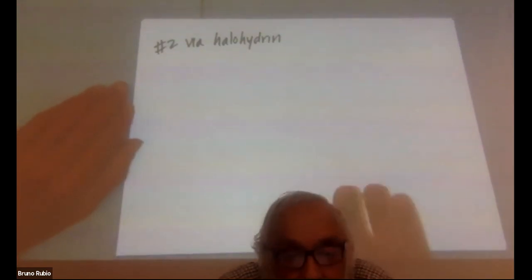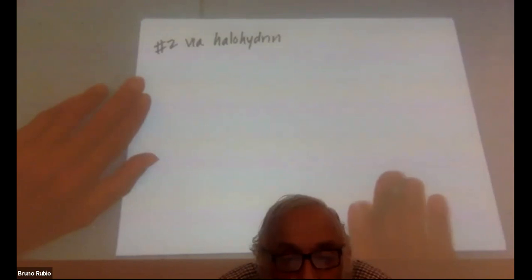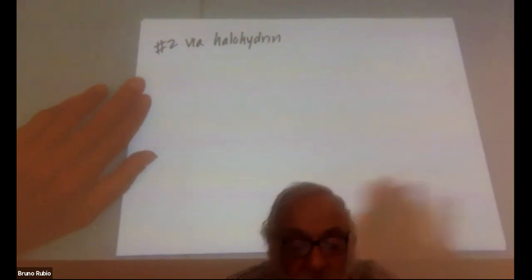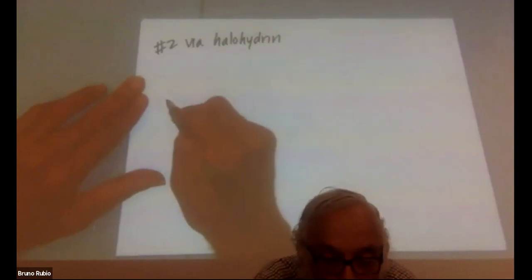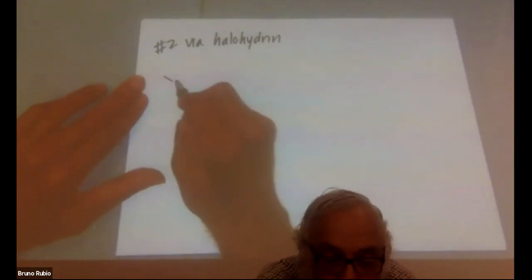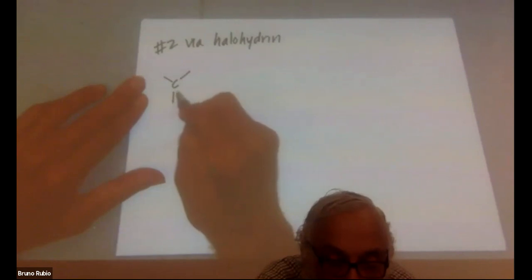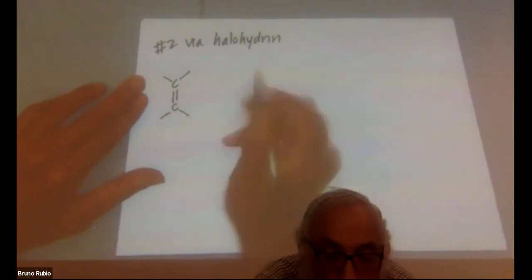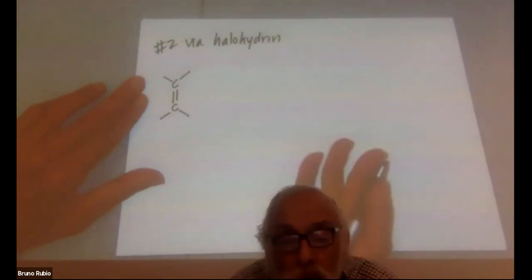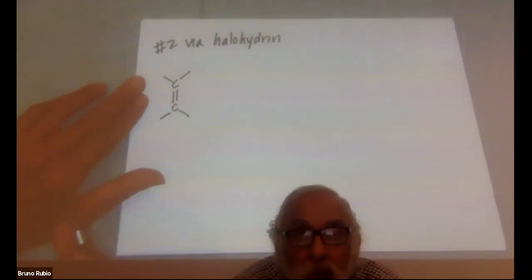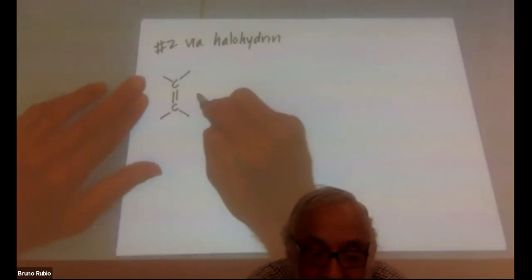Once again, it starts out with an alkene. The alkene reacts with either molecular chlorine, molecular bromine, or molecular iodine.